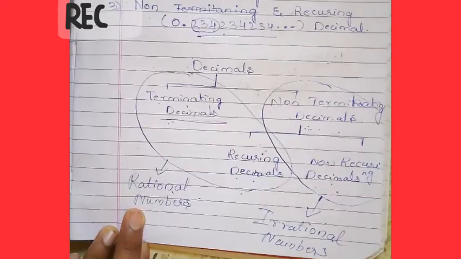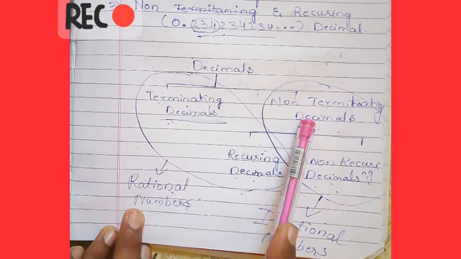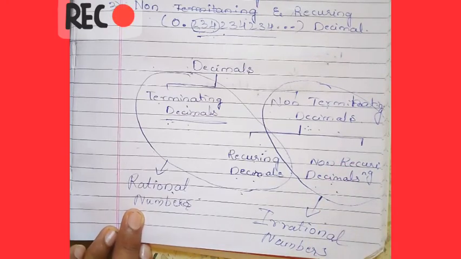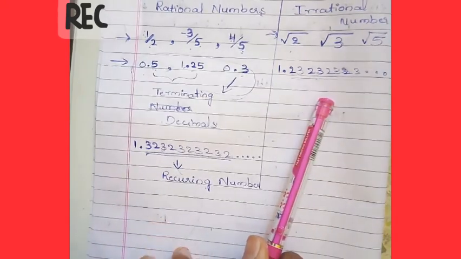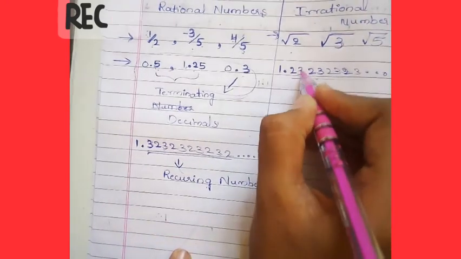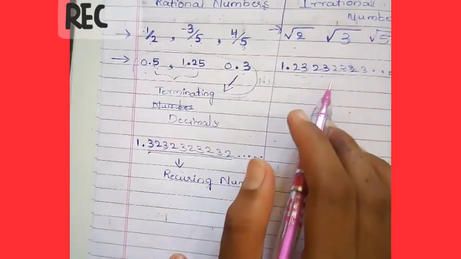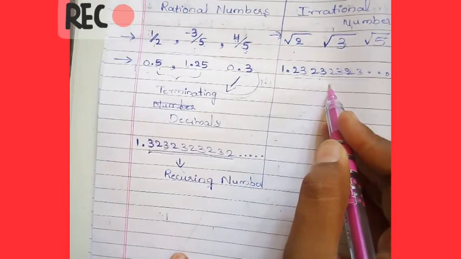Non-terminating and non-recurring means infinite numbers after the decimal, and non-repeating numbers after the decimals. These numbers are also rational numbers because they repeat themselves again and again. That is why these are recurring numbers also.